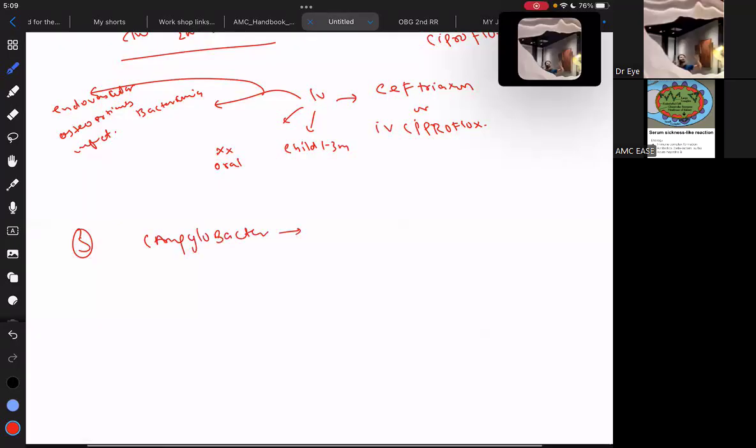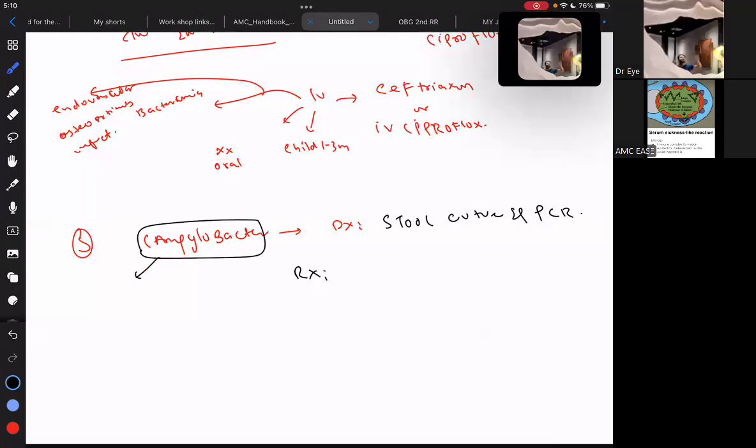Talk about the Campylobacter, the diagnosis is done by stool culture and PCR. Remember that. Treatment for the Campylobacter. Remember that its presentation looks like pseudoappendicitis. This is your question.